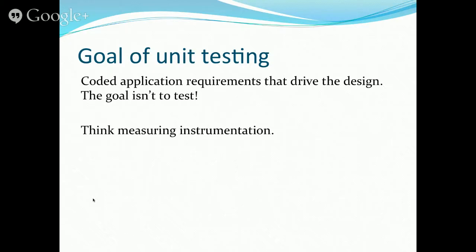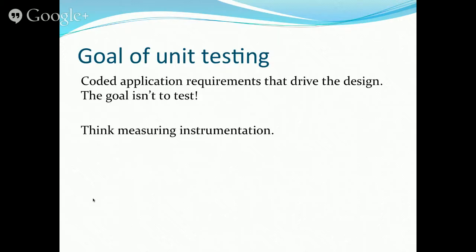So the goal of unit testing, and this is one of those not intuitive things: it has tests in the name, but it's really not to test, right? Good tests will take sort of a blind approach, and they'll try to explore all the different avenues and try not to think about what the internals of something are.